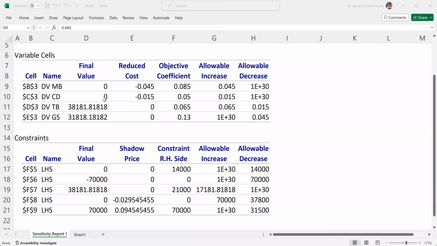Okay, no, I have to call you before. All right. So what you guys have to do is take the 38,000 number, multiply it by the 0.06 plus the 31,000, multiply it by the 0.13 here.